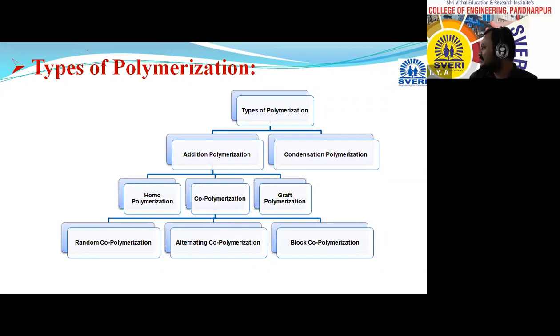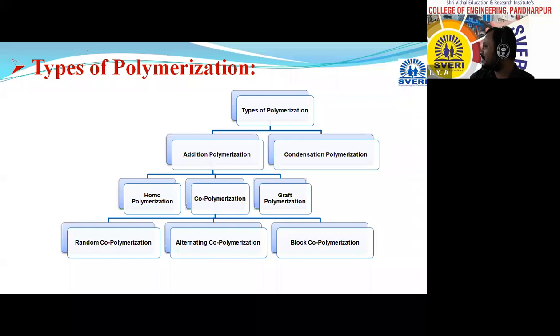Please try to remember this. They may ask it in the MCQs also. They may give you the example of the material and ask by which polymerization it is formed. They may directly give you the name of the polymer, and you have to identify the polymerization process, or they may give you the polymerization process and you have to identify the examples.